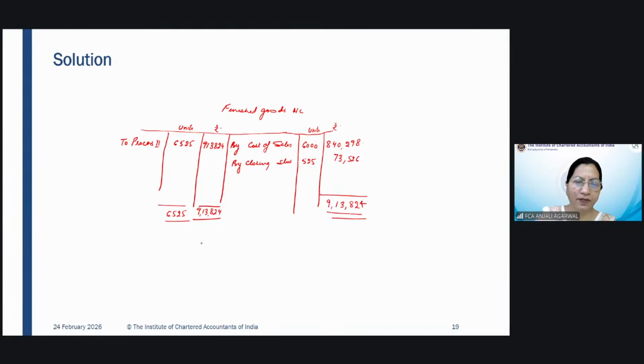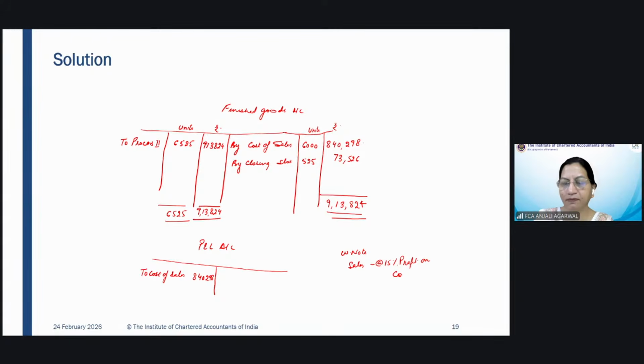Right. And you can also prepare the profit and loss account or the income statement where you will have to cost of sales, which is 8,40,298, and a working note will be required here. The sales is at 15% profit on cost.